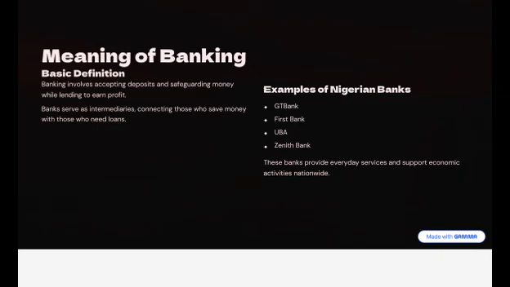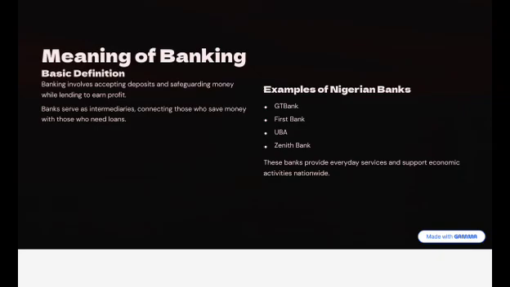We can also say that banking refers to the business activity of accepting deposits from customers, safeguarding their money, and providing loans and other financial services. It plays a central role in the economy by facilitating the flow of money and credit. A bank is also a financial institution which is licensed to receive deposits and make loans.